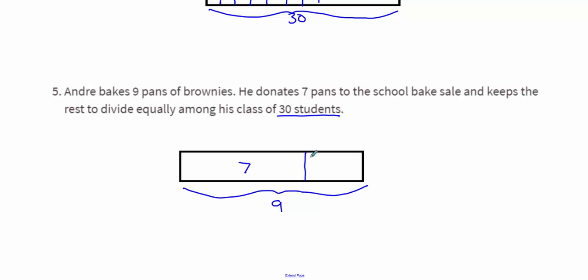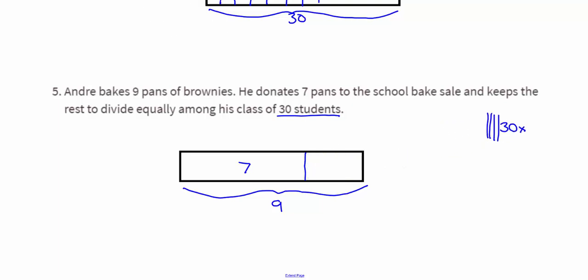So it's going to be hard to draw 30 individual lines in here with a variable in them for how much the 30 students get. So I'm just going to say this is an x 30 times. Or I could split that up into 30 pieces, and this would be an x in each one.